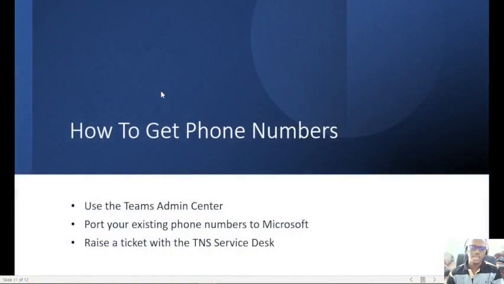So how do we get phone numbers that we can assign to our users or call queues or attend on a conference bridge? Currently, you can do that using the Teams Admin Center. So you can just acquire a phone number directly through the Teams Admin Center, or you can port one to Microsoft. Porting here, we are saying that, let's say for instance you were with Verizon and you have a phone number.